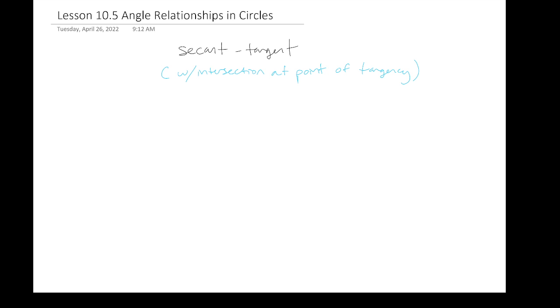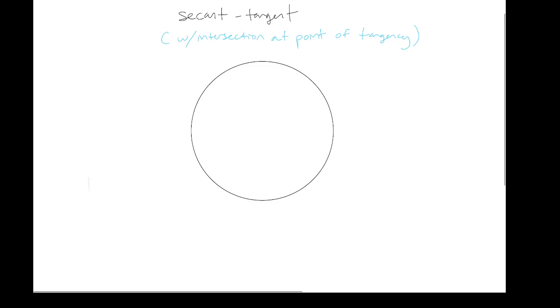All right, so we do have our intersection at point of tangency. What it looks like is this. I have a circle. No, the video didn't freeze. I had to go get a straight edge from across the room because I need to create a tangent line.